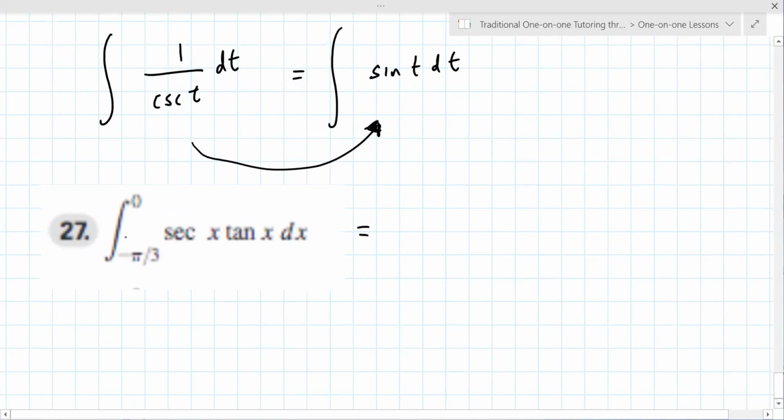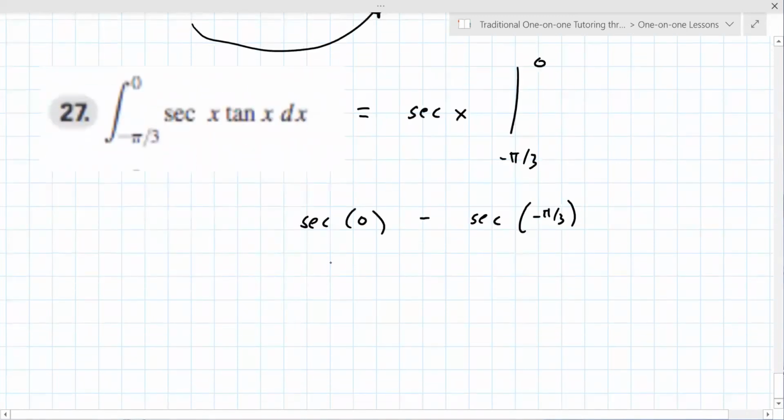It does want you to go from these horrible bounds. So it's secant x evaluated from minus pi over 3 to 0. So that's secant of 0 minus secant of minus pi over 3. So this is really 1 over cosine of 0 minus 1 over cosine of minus pi over 3.